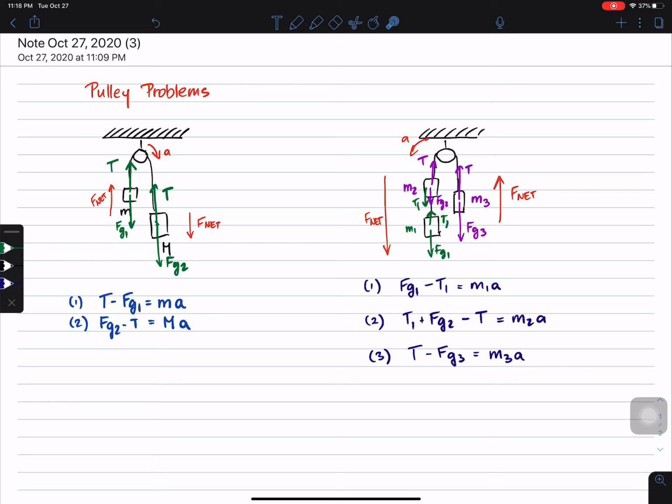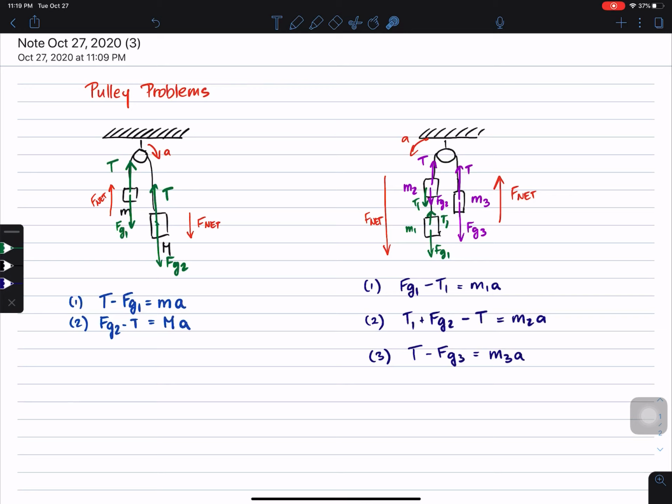If you were holding these two objects and you put your hand here and hold it, you would have to apply a different force than if you just put your hand here, right? And on top of it, it's even moving. So this would now be a set of 3 equations with 3 unknowns, which is your acceleration, tension 1, and the other tension. And again, you would just solve the set of equations.